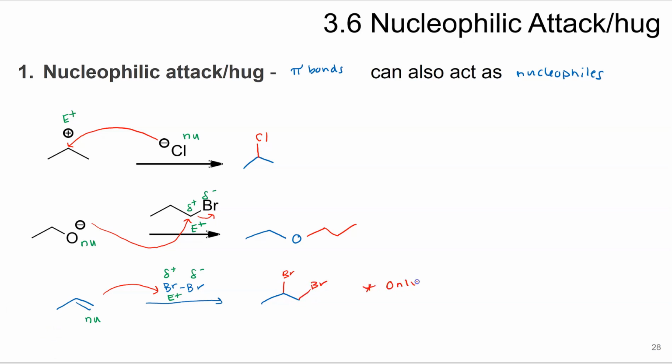So only 1 carbon from the pi bond uses the 1 pair of electrons to attack the electrophile. I didn't show the whole mechanism here, so we'll see that more as that comes up.